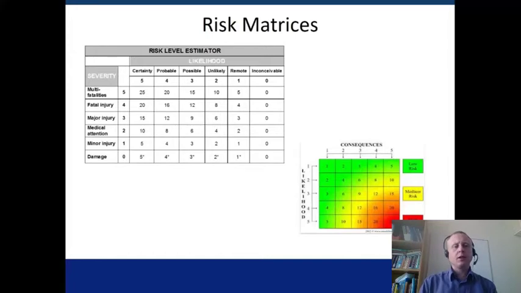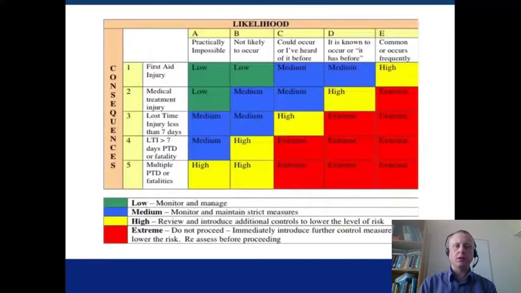So you can see here how they're going to be a useful thing to use. However, there is still a lot of subjectivity here. So what is practically impossible to one person may not be practically impossible to another person. So we have a lot of perception going on here.